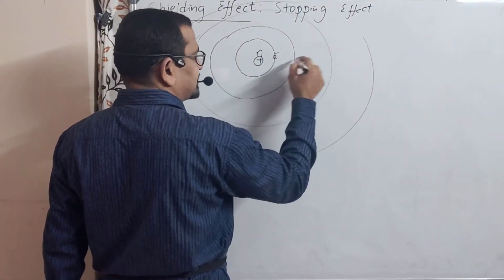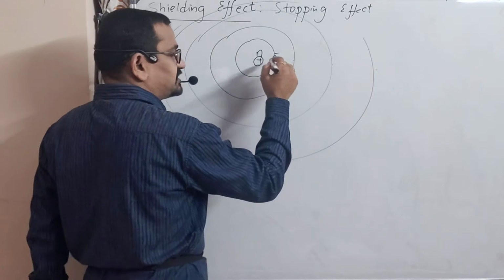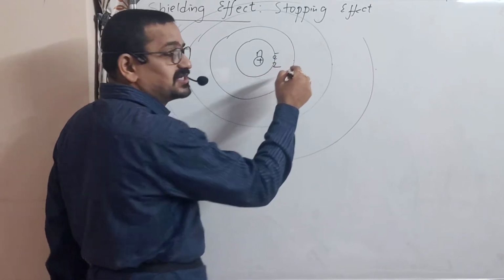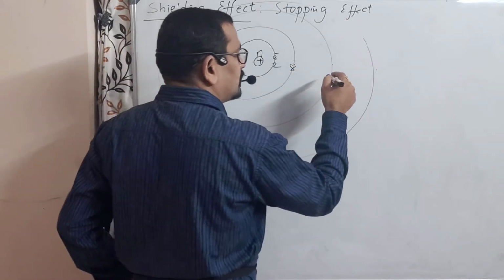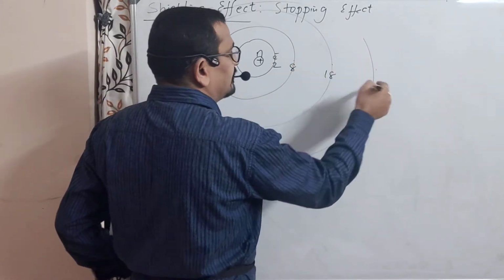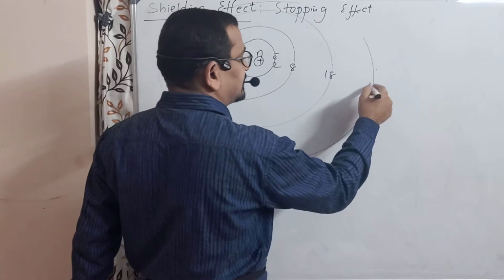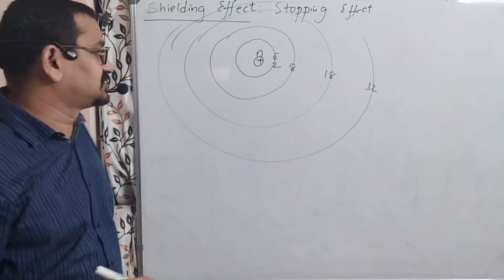Suppose this is the first shell, second shell, third shell and fourth shell. The first shell can accommodate 2 into 1 square, the second shell 2 into 2 square, which is 8, the third shell 2 into 3 square, 18, and the fourth shell 2 into 4 square, 32. We studied this in atomic structure.